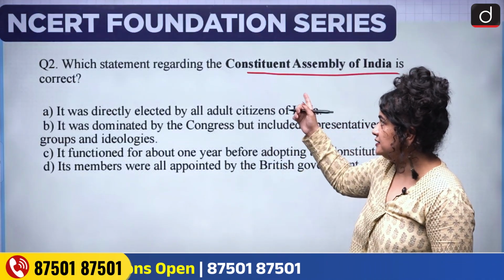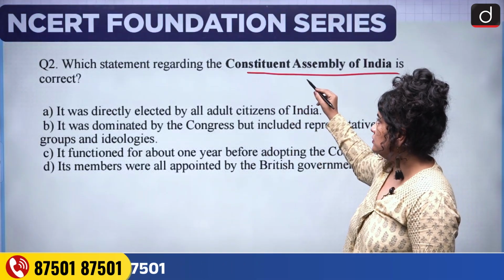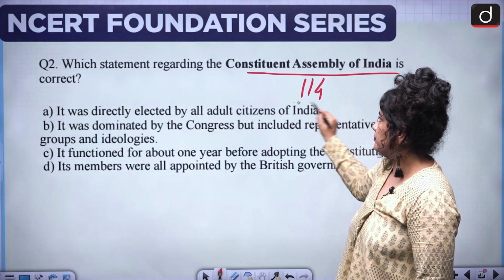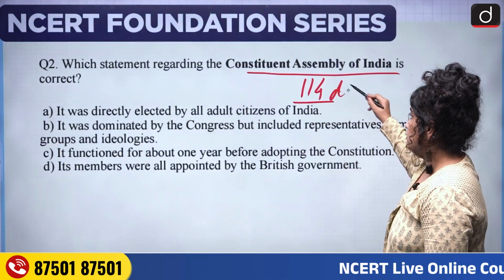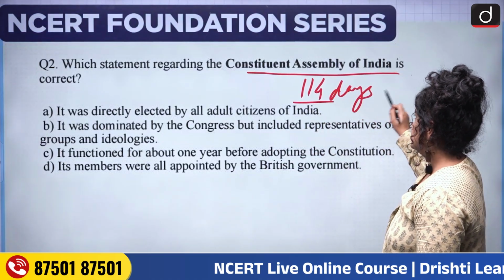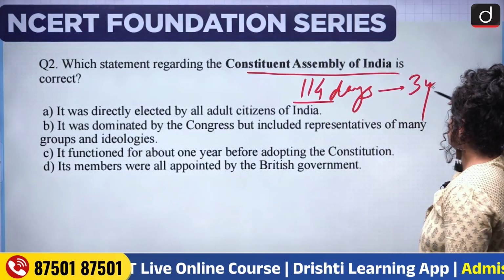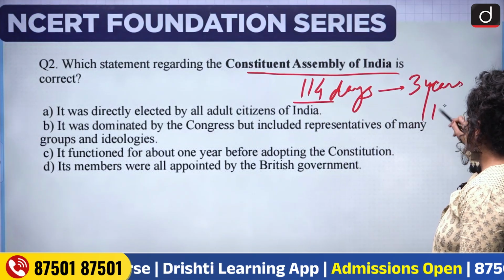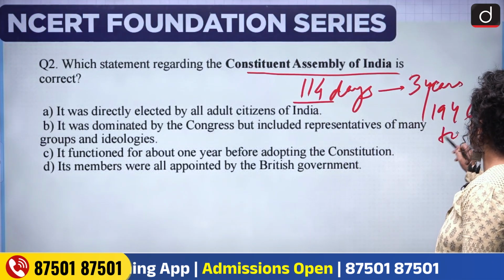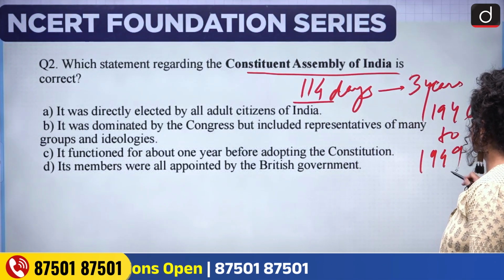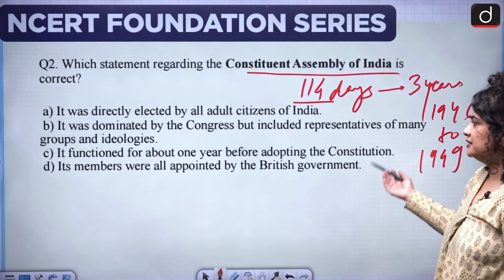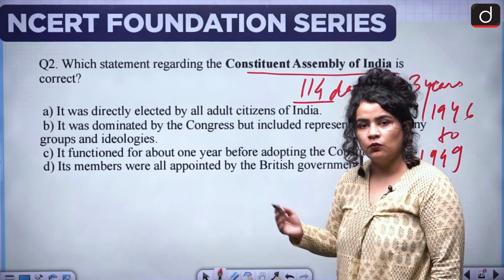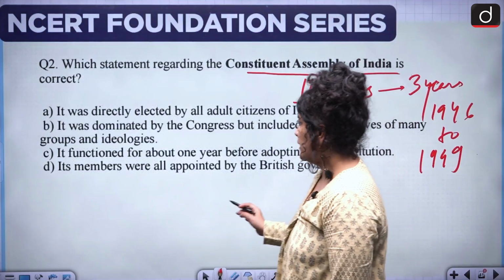And this assembly developed our constitution in 114 days spread over 3 years, from 1946 to 1949. Okay, now let's see step by step what exactly transpired.